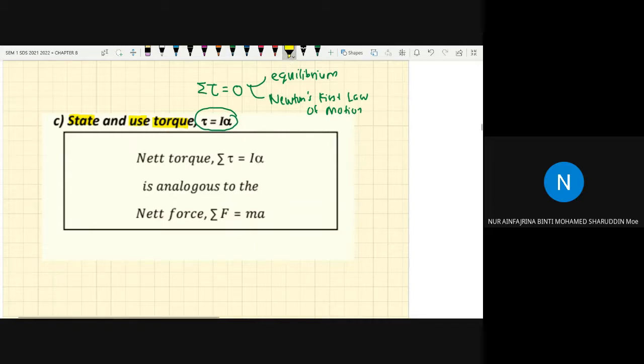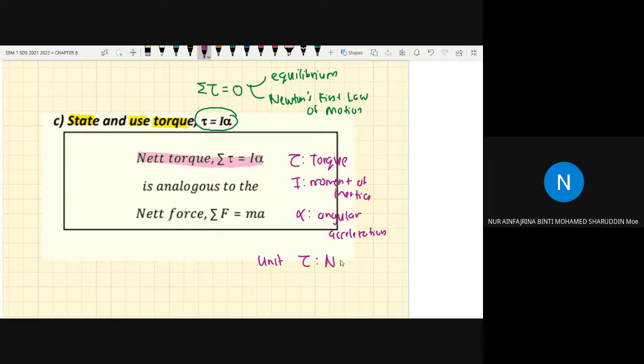This is the only way you need to state torque: net torque equals moment of inertia times angular acceleration, where T is torque, I is moment of inertia, and alpha is angular acceleration. And the unit for torque is still Newton meter.